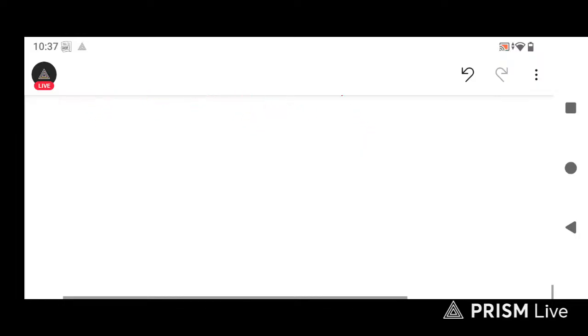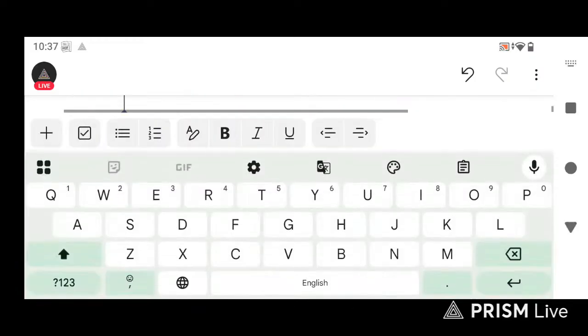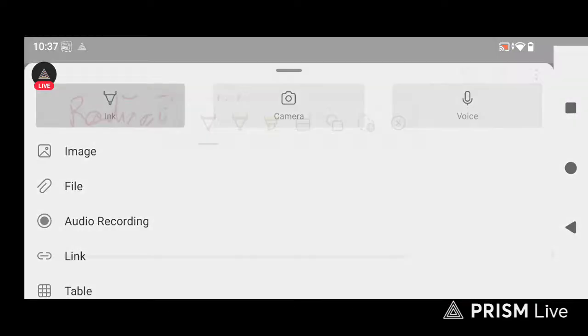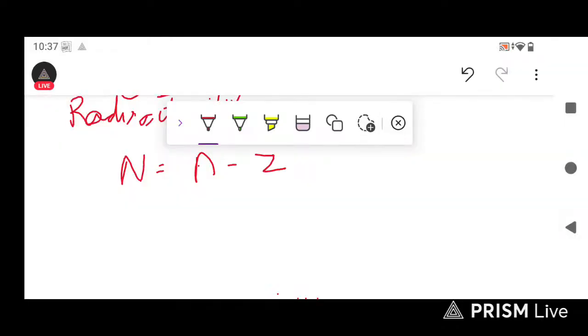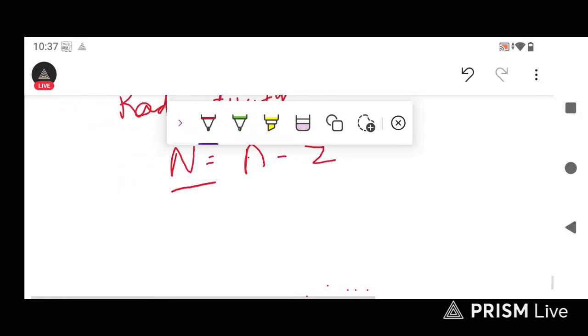The formula is N equals A minus Z. N is the neutron number, A is the mass number and Z is the proton number. So it is the formula to find the number of neutrons. If you have the proton number and mass number, you can find the number of neutrons.